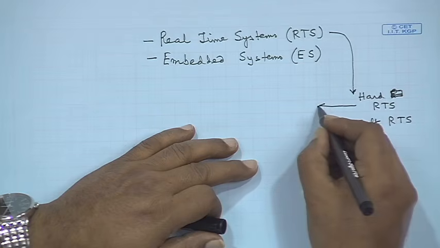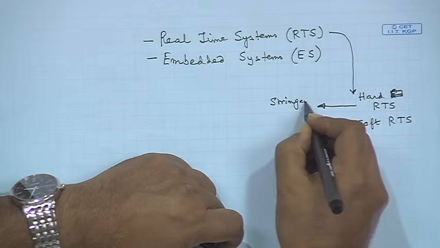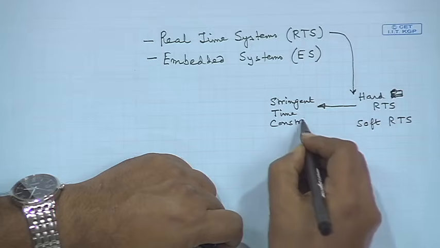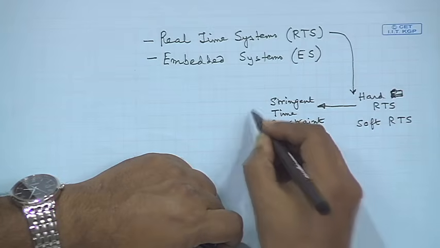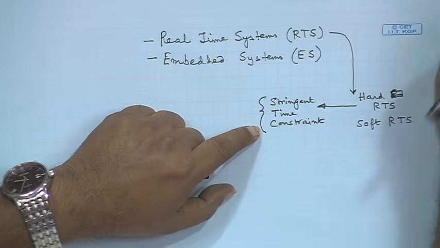Now, hard real time systems have got a stringent time constraint. The time constraint that is given is very stringent. Now, this stringent time constraint must be adhered to, must be respected. If this time constraint is violated, then violations will lead to catastrophes.